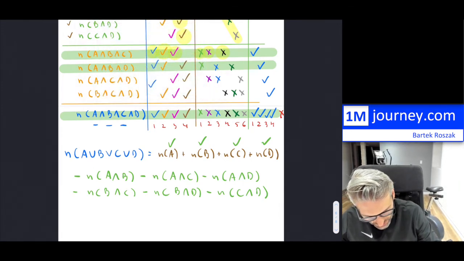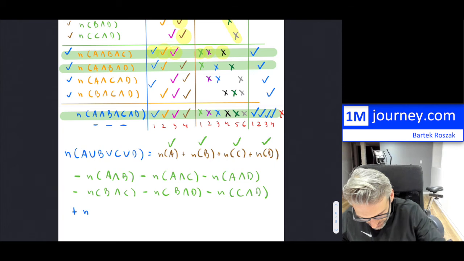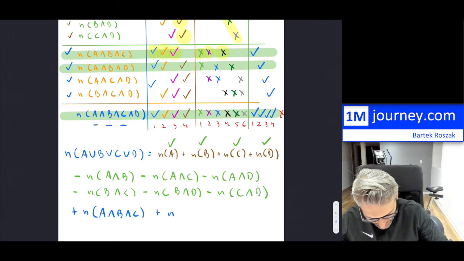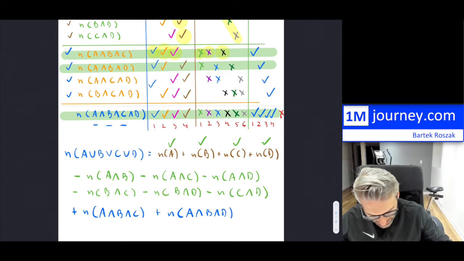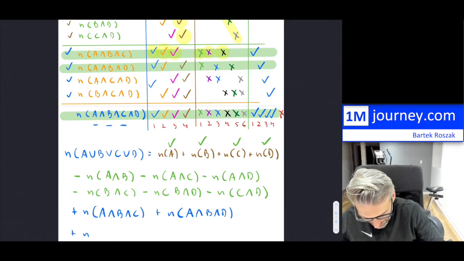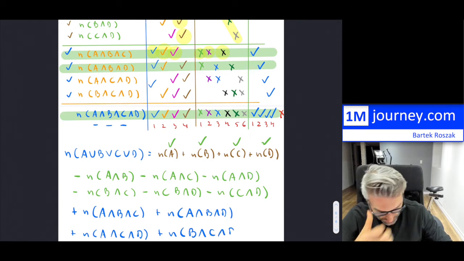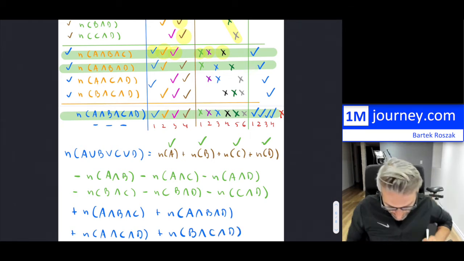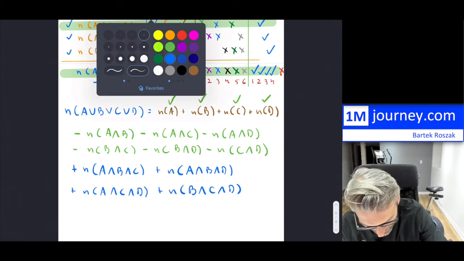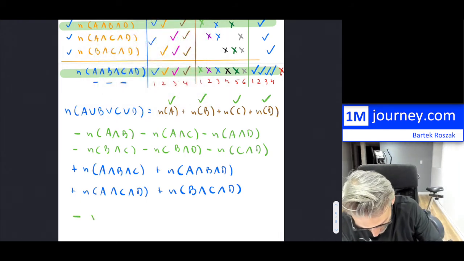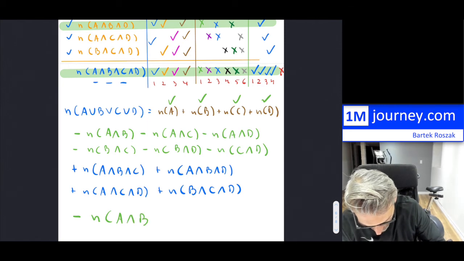So within here, I'm going to be adding these: N(A intersected with B intersected with C), plus N(A intersected with B intersected with D), plus N(A intersected with C intersected with D), and N(B intersected with C intersected with D). And then finally my last one, now I have to subtract the last because I've done it too many times.